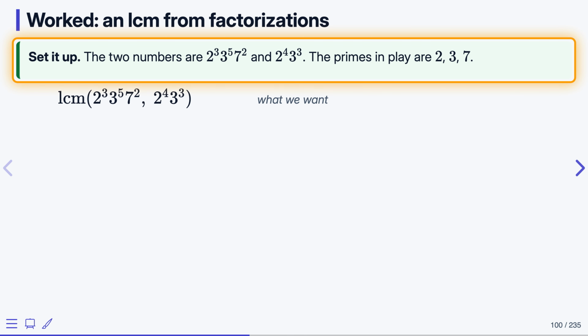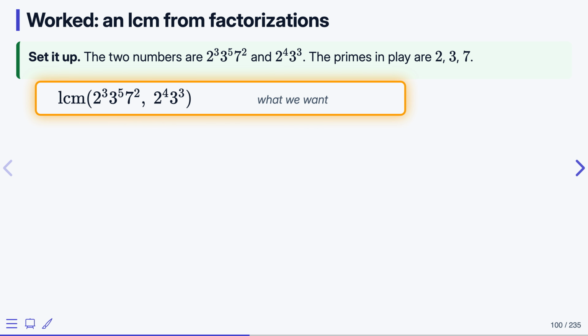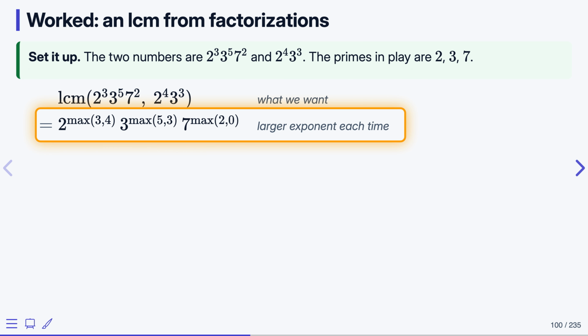Set it up. The first number is 2 cubed times 3 to the 5th times 7 squared. The second is 2 to the 4th times 3 cubed. The primes in play are 2, 3, and 7. Line 0. We want the least common multiple of those two numbers. Step 1. For each prime, take the larger exponent.